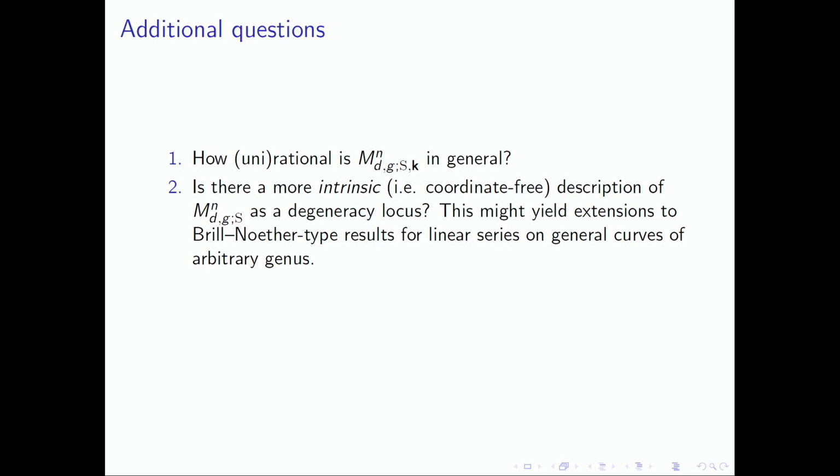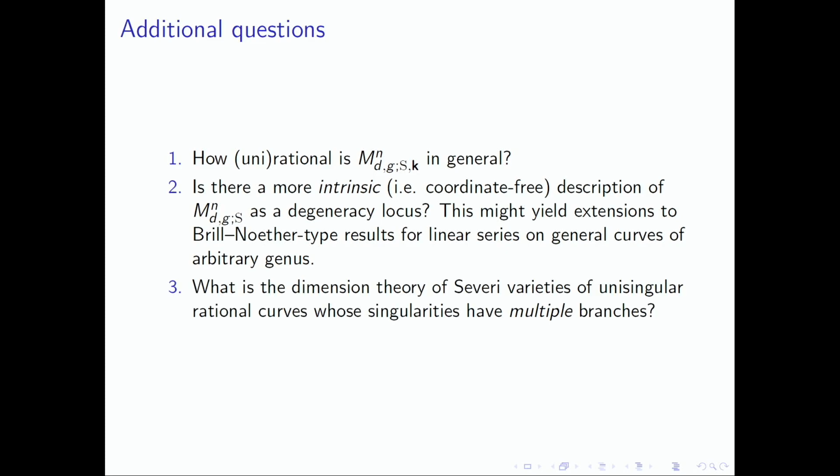Maybe just to conclude, we would like to know, in general, if these generalized Schubert varieties given by fixing the ramification types are unirational, for example. Going forward, it would also be interesting to know if there's an intrinsic way, free of coordinates, of describing either M_{n,d,g,s} or M_{n,d,g,s,k} as a degeneracy locus for a map of bundles.